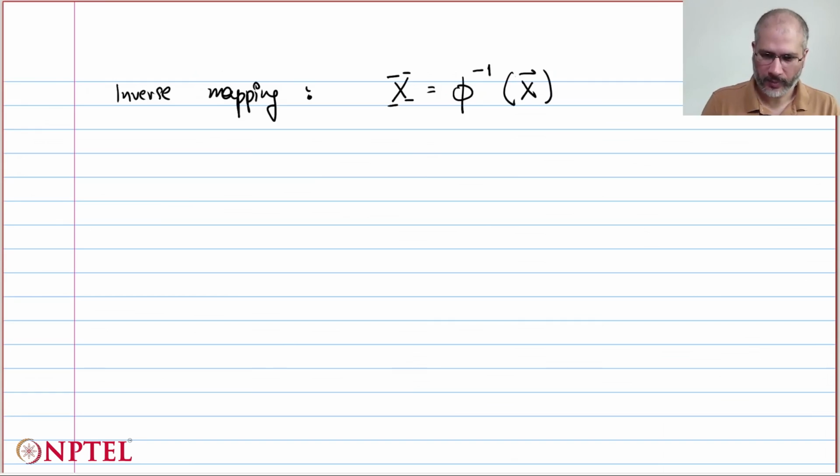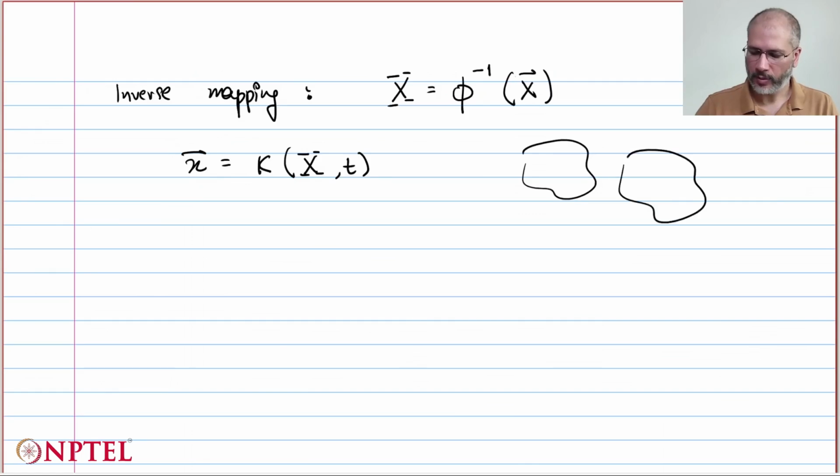So earlier we had written that as the body deforms or moves, we define a function kappa, which is a function of the particle's ID and time. So as the body goes from one configuration to the other, the point P will move from P to P prime to P double prime and so on.